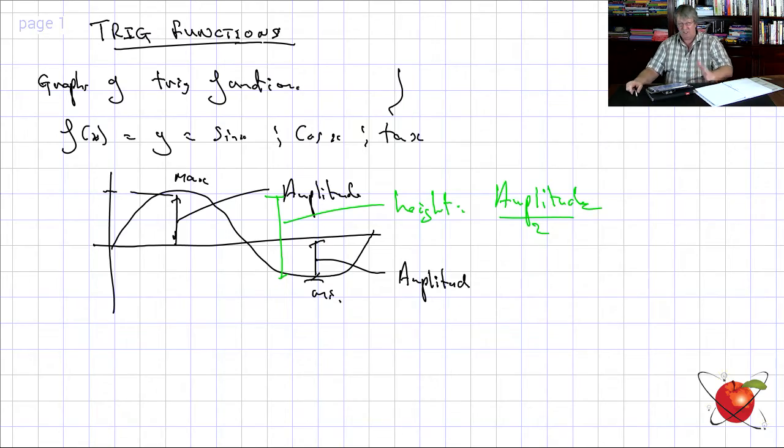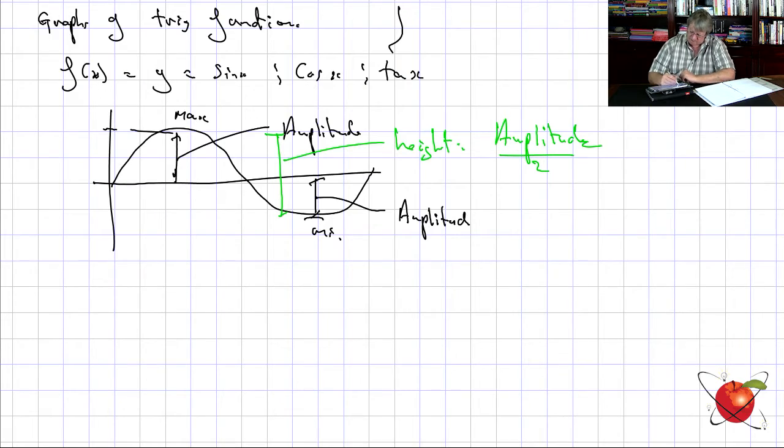Because it goes up as far as it goes down, if I measure from the bottom to the top and divide it by 2, I end up with the amplitude. If I know the amplitude, I can work out what that total height is. As I say, it's not height, but let's just leave it as that for the moment, to explain to ourselves what it's about.